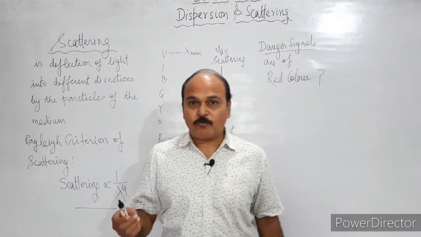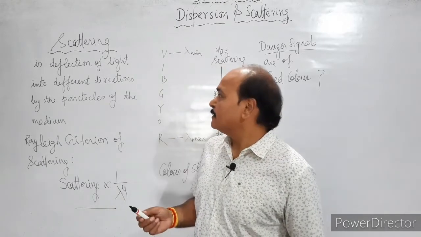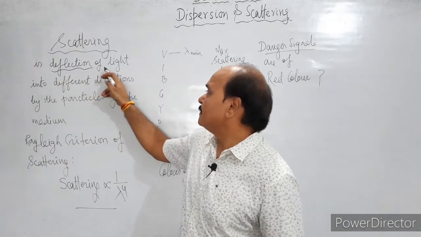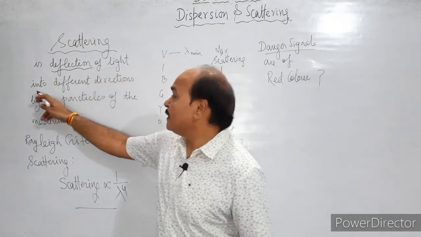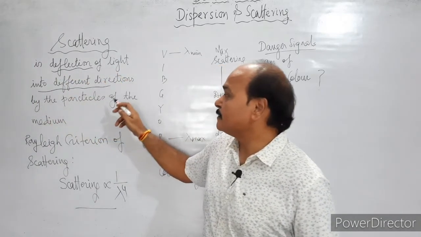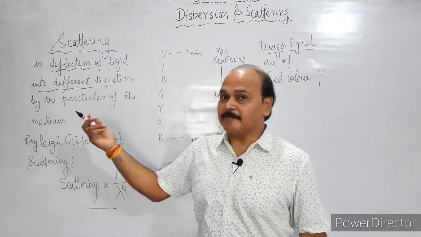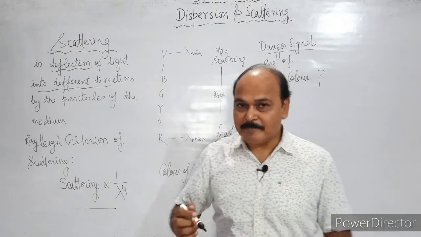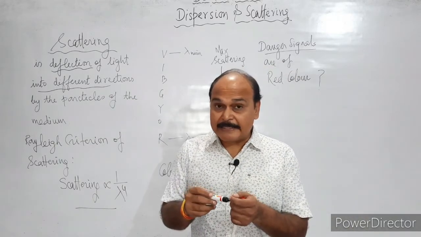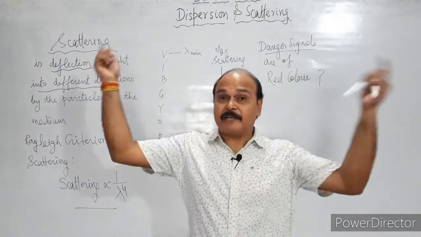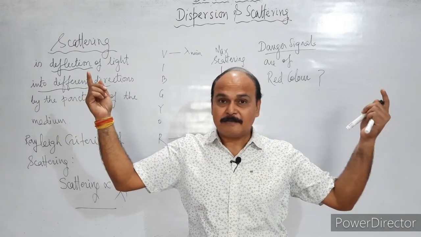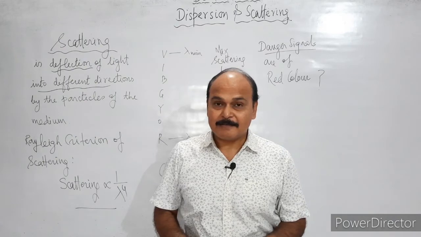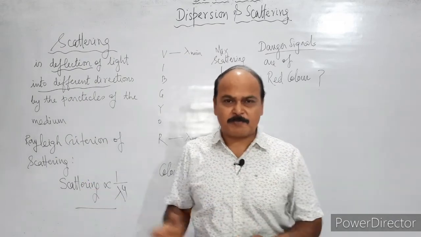Children, let us finally know what is scattering. Scattering is the deflection of light into different directions by the particles of the medium. When the light passes through the medium, particles deflect the incident light into different directions. The phenomenon is called scattering. It is entirely different from dispersion.